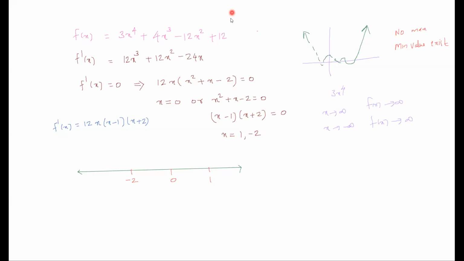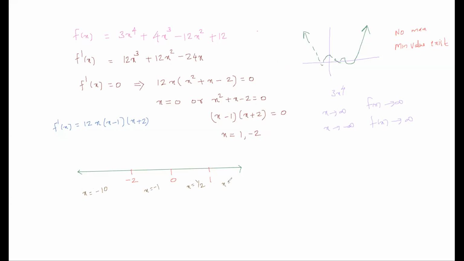Now, check the sign. You can take any point as a testing point. Left side of -2, we can take, say, x is equal to -10. Between -2 and 0, you take x is equal to -1. Between 0 and 1, you take x is equal to 1/2.